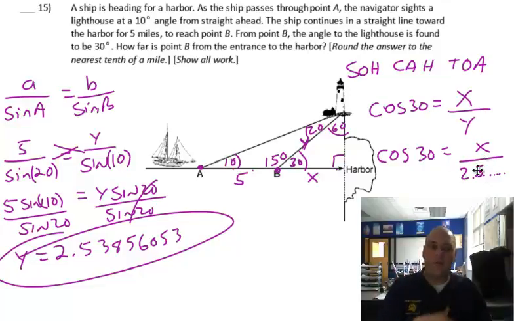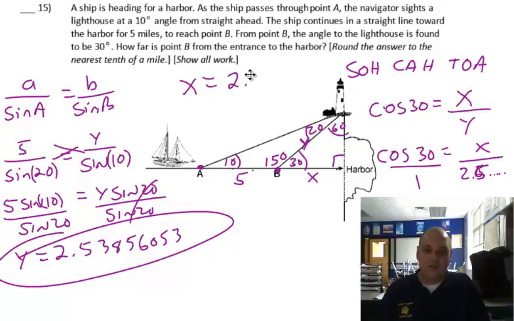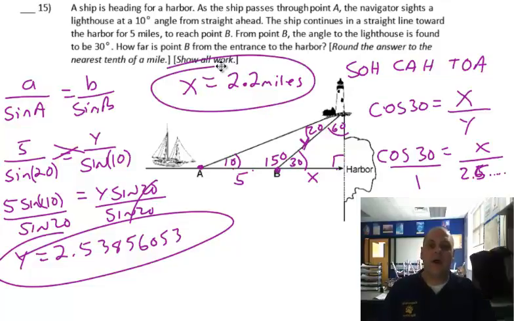I don't have any more room, that's why I'm doing that. But you don't round it. Put that whole number there and then cross multiply. You're going to get x equals this times the cosine of 30, and that gives me 2.2 miles. So you should get 2.2 miles from point B to the entrance of the harbor.